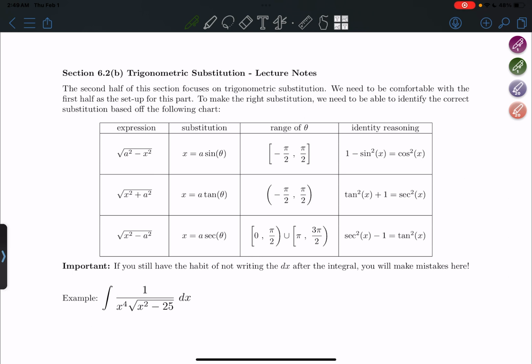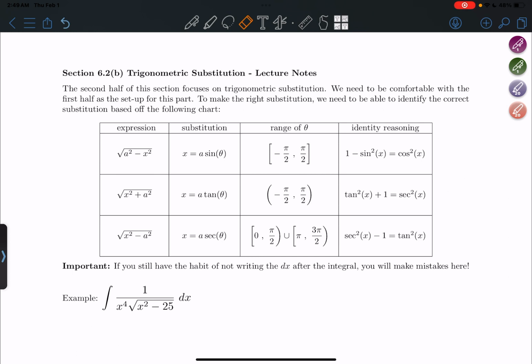There are three versions of it, depending on which one we're looking at. We have them in the rightmost column of this chart here. We're going to base off of these three versions of the Pythagorean identity to come up with a substitution that allows us to handle radical functions.